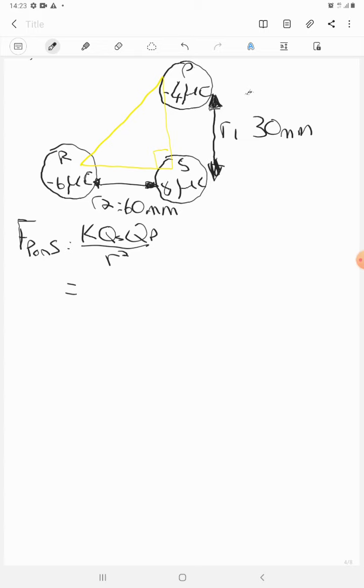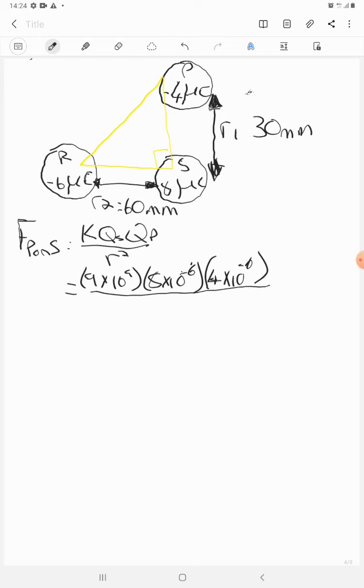K is 9 times 10 to the power of 9. My charge of S is 8 times 10 to the power of negative 6, negative 6 because of microcoulombs. And then I've got 4 times 10 to the power of negative 6.